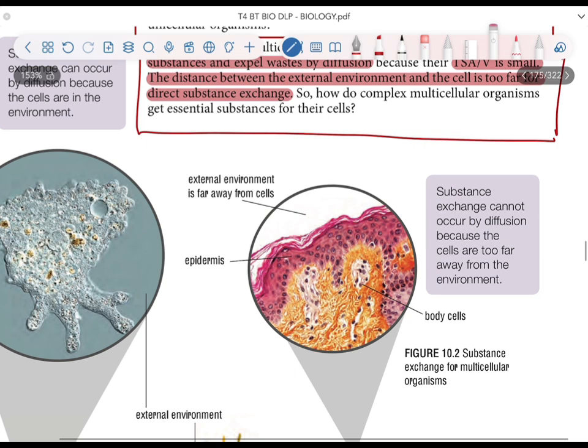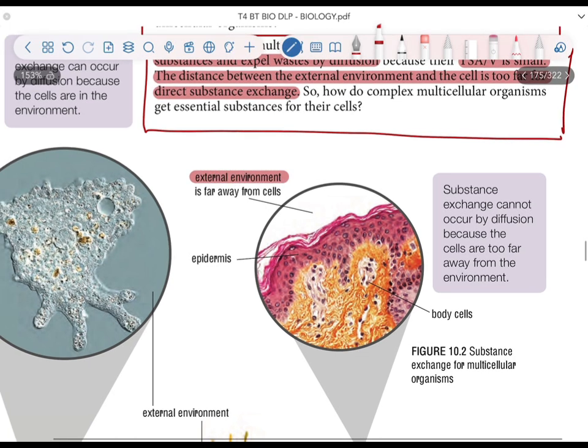So you can see that this is our skin layer, and then going deeper and deeper are our body cells, adipose tissue, and so on. This white area is the external environment. So you can observe that for the nutrients in the environment to get into the cell, it is a very long distance.